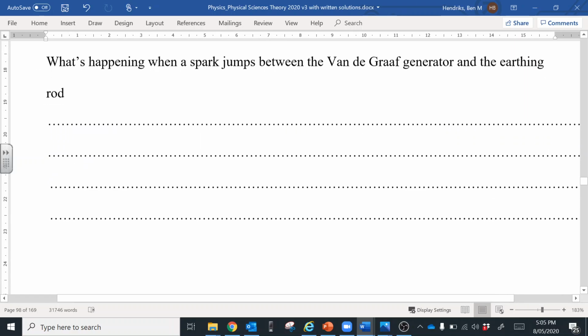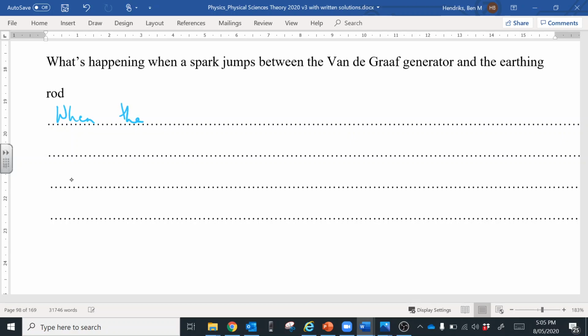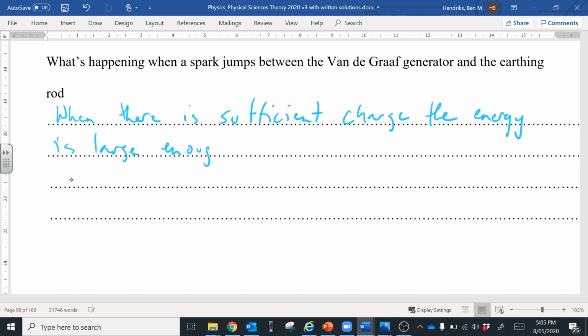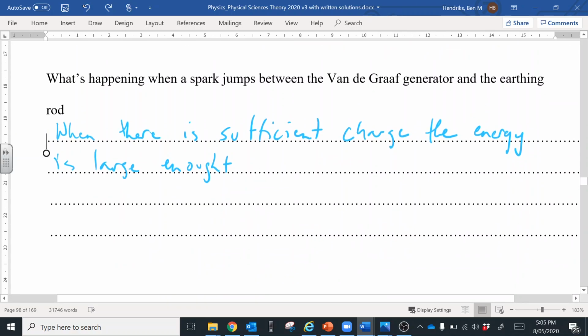What's happening here is that when there is sufficient charge, so when the charge is large enough, the energy is large enough to jump the gap.